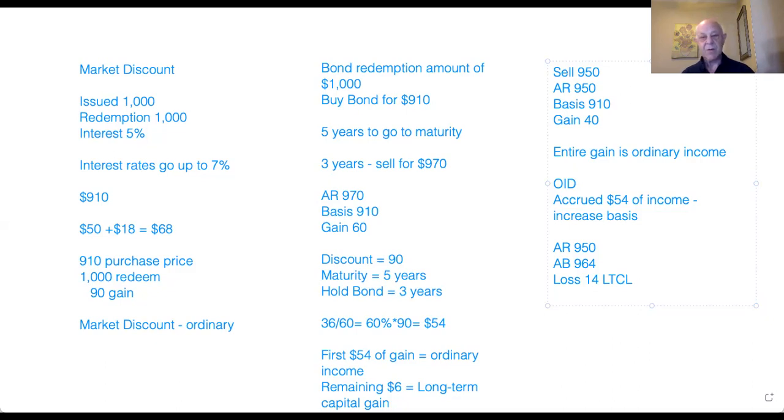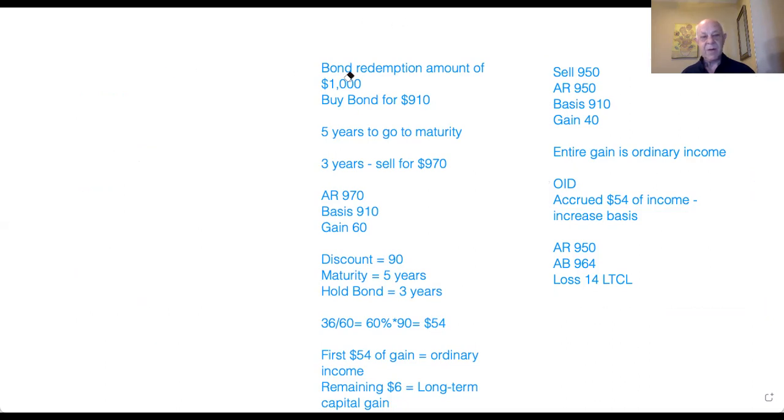Now, what's interesting with market discount, and where there's another big difference between market discount and OID, is that for OID, everyone has the same issue price and everyone has the same amount of OID no matter when they purchase the bond.